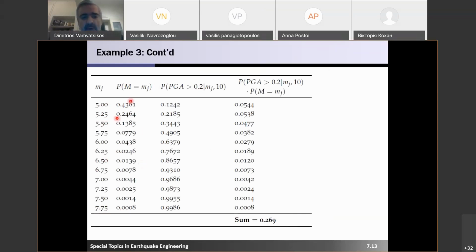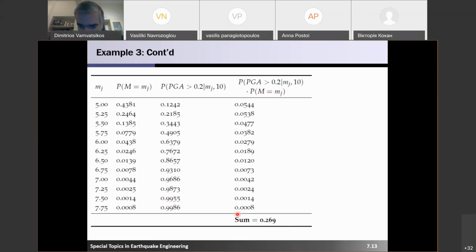Now, this is your probability of residing in this bin. This is the probability given by your GMPE of exceeding 0.2g, given that the event happens at 10 kilometers. We knew that. And it has a magnitude of 5. And here is the overall probability of your PGA exceeding 0.2g, given your magnitudes, and that it occurs.